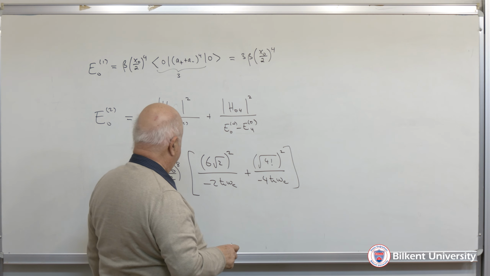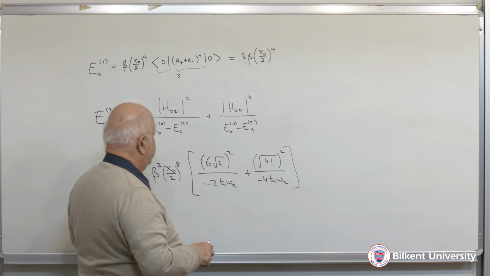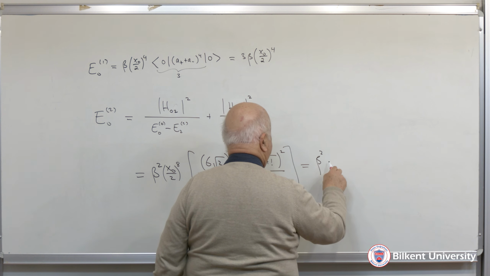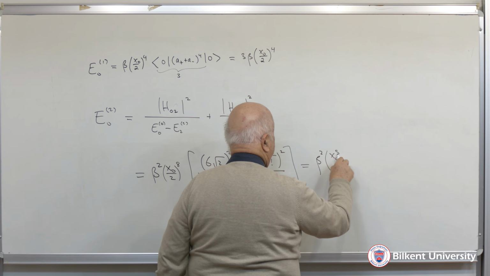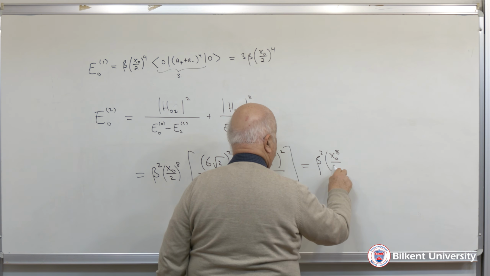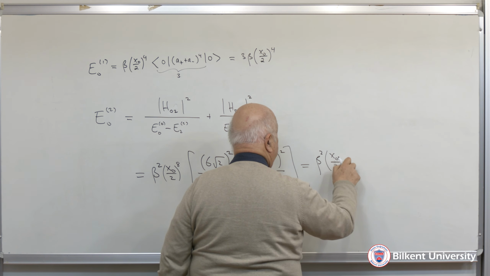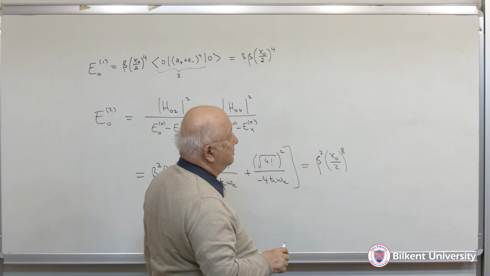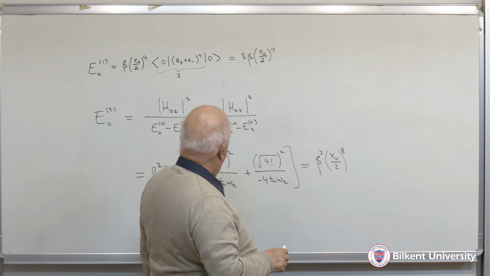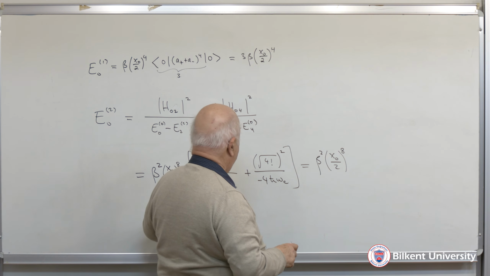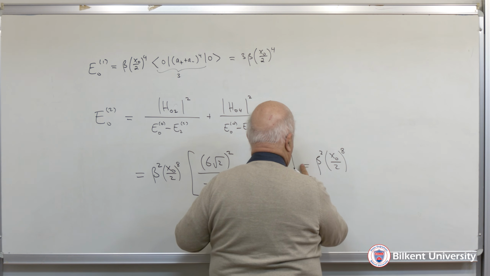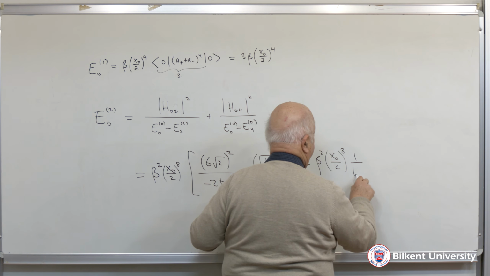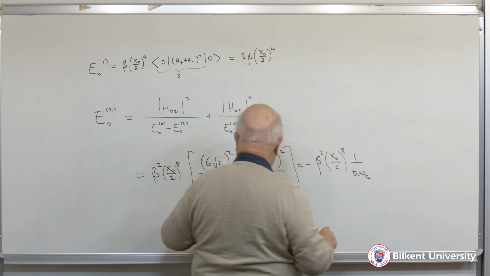Okay, algebra time. So this is going to give me now beta squared x0 to the 8th over 2 to the 8th power. Okay, there will be a, let me pull out a minus and an h bar omega c.